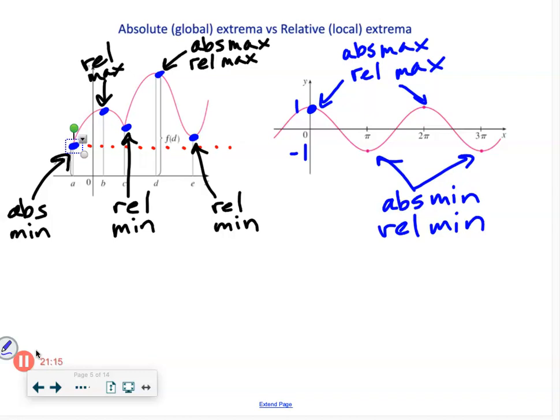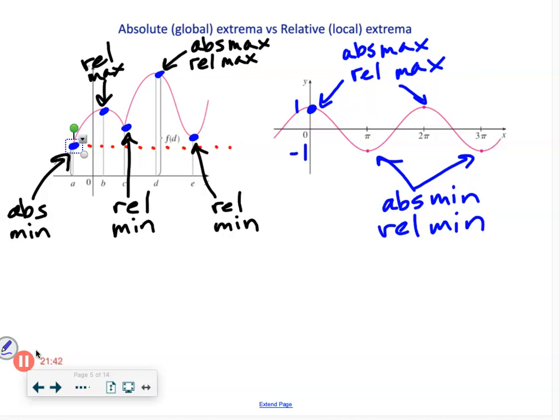It can occur at multiple places, but there's still only one highest y value, right? What's the absolute minimum value of this function? -1. Again, it can occur at multiple places, but there's only one absolute min. So absolute maxes and mins are y values. Relatives, you got to write as ordered pairs because they're all like different x's and y's every time. So relative, we'll get that on Wednesday.